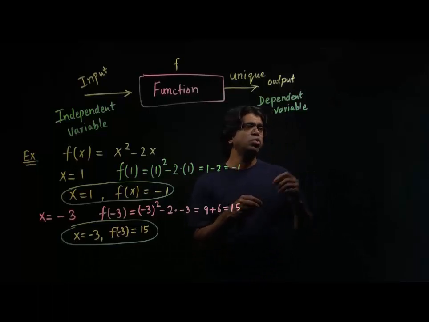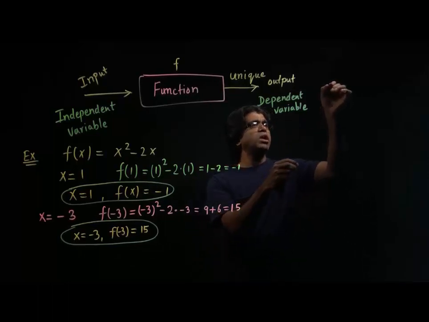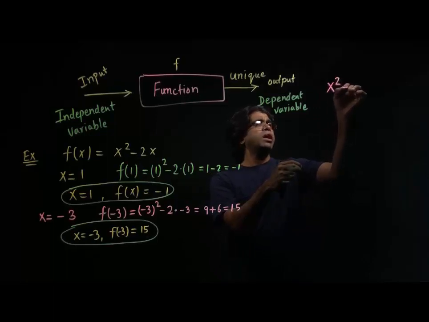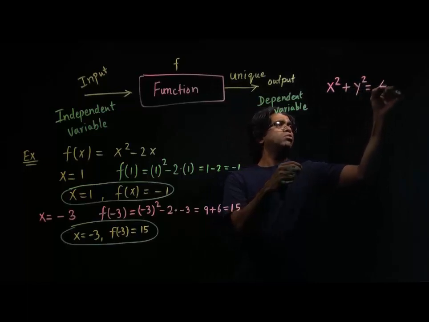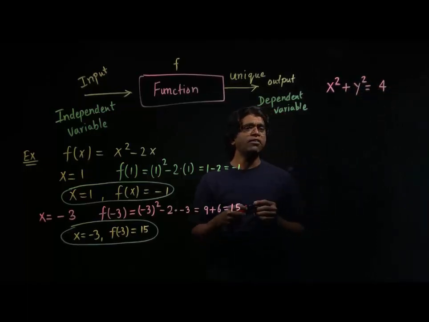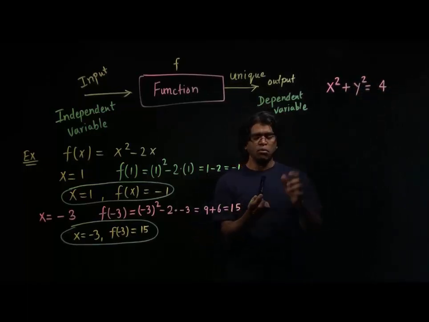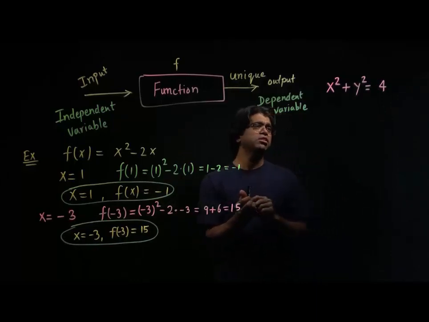So what I'm going to do, I'm going to consider an equation of a circle. So my equation is x squared plus y squared is equal to 4. Now, at first what I'm going to do, I'm going to graph this circle.